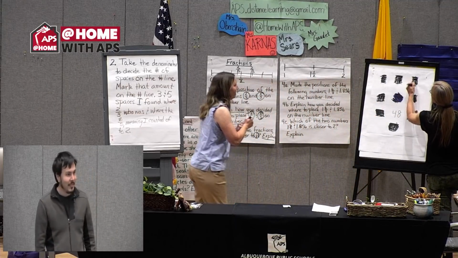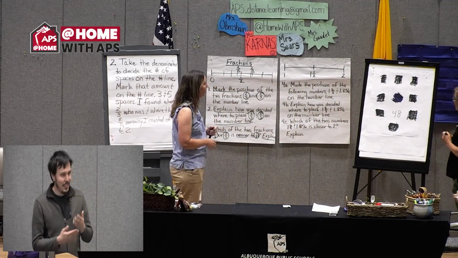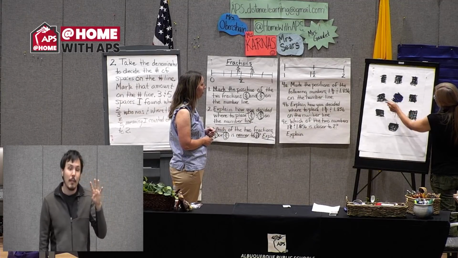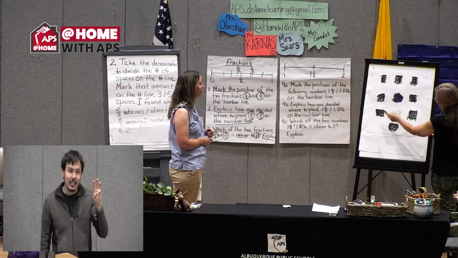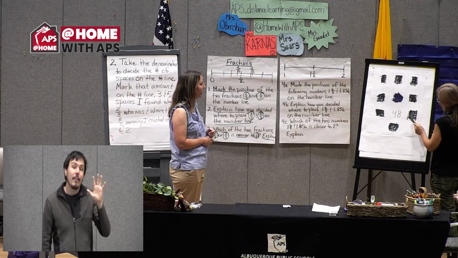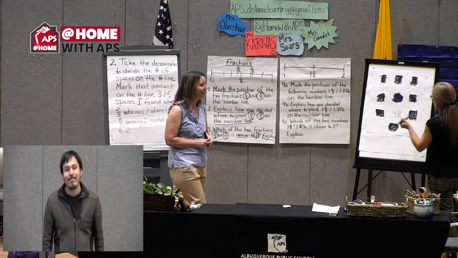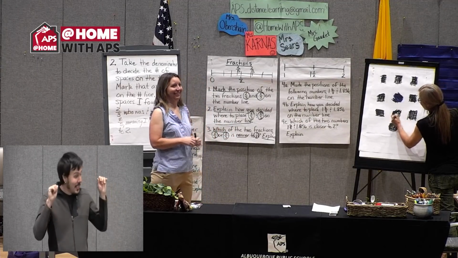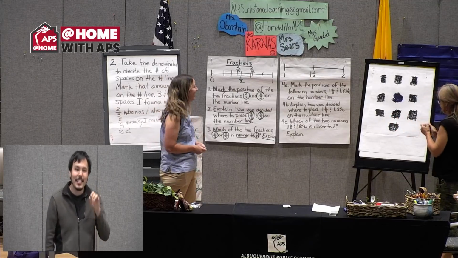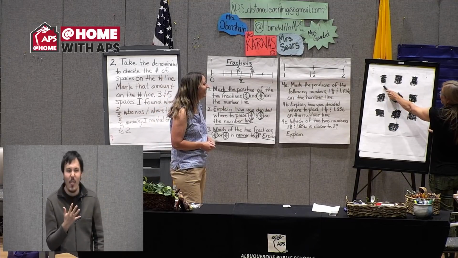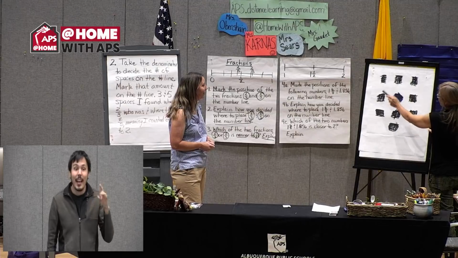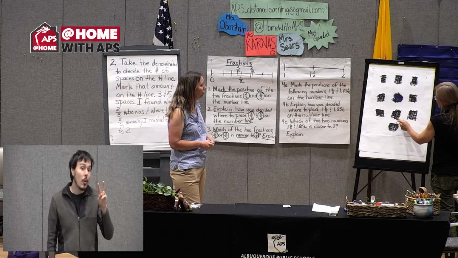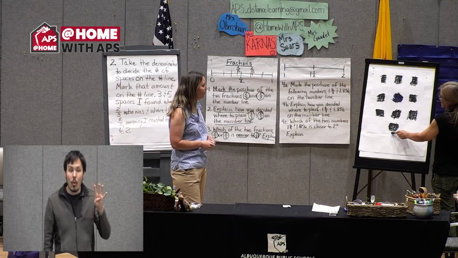Yeah, mine's getting kind of... Okay. 6, 12, 18, 24, 30, 36, 42, 48, 54, 60. All right. Last one. We can do it. See if we can get them all. 6, 12, 18, 24, 30, 36, 42, 48, 54, 60.